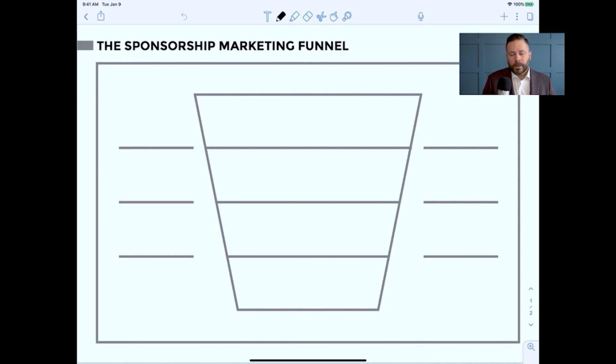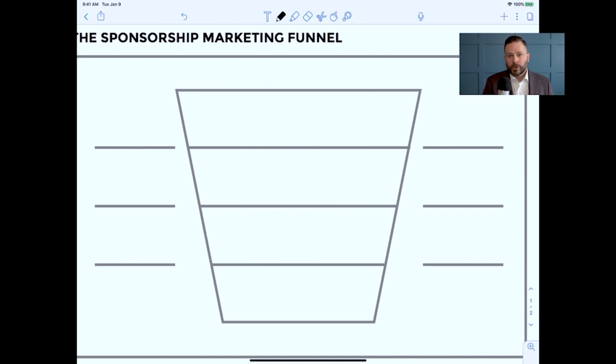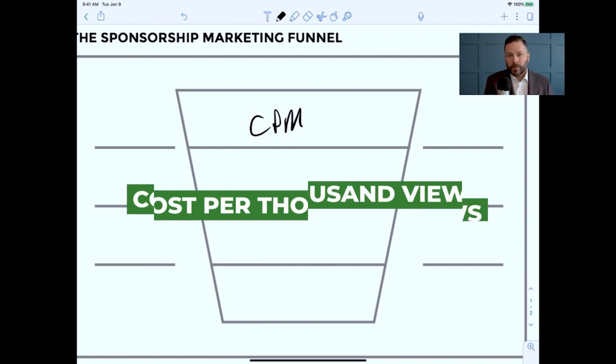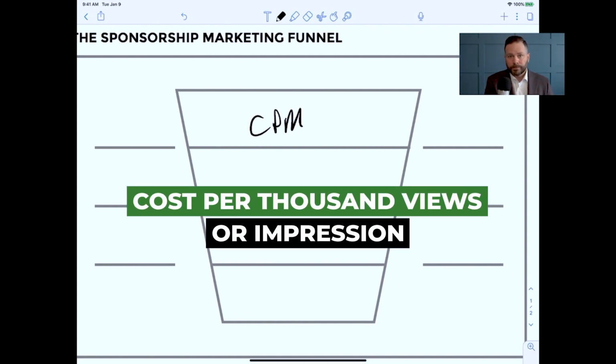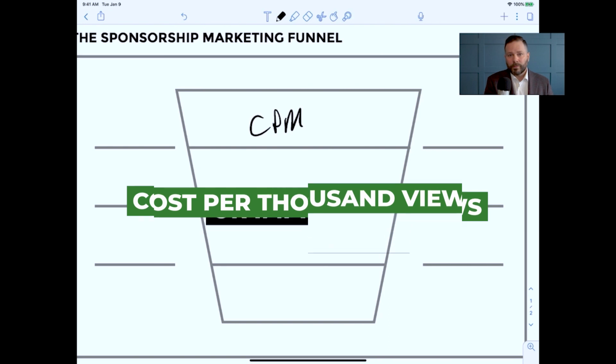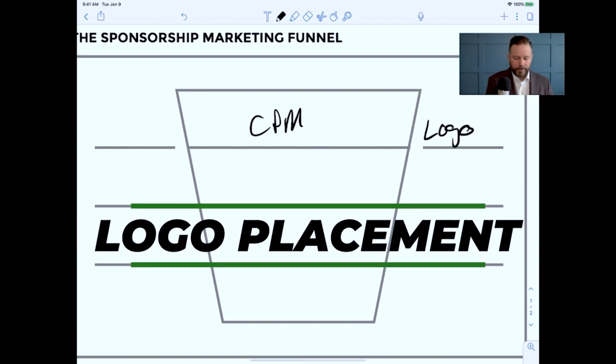All right, so let's take a look at some of the most common stages of the digital marketing sales funnel and compare that to the assets we can offer in sponsorship. Now, at the top of the digital marketing funnel is something called CPM, or cost per thousand views or impressions. In sponsorship, we would probably refer to this as logo placement.